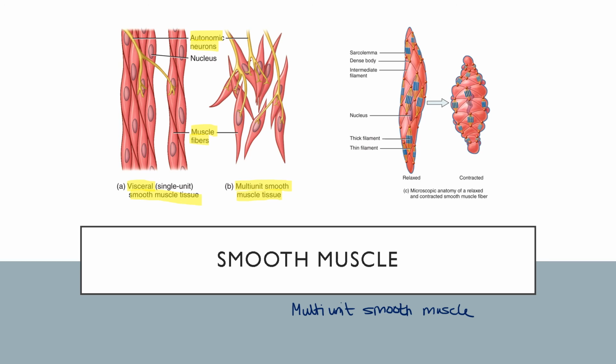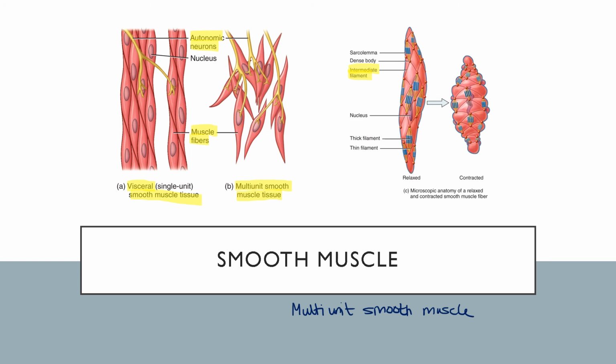Now, the sarcoplasm of smooth muscle fibers contains both thick and thin filaments, but they're not arranged in orderly sarcomeres as we've seen in striated muscle. Smooth muscle fibers also contain what are called intermediate filaments. Now, because these thick and thin filaments don't have a regular pattern of overlap, smooth muscle fibers don't exhibit striations.